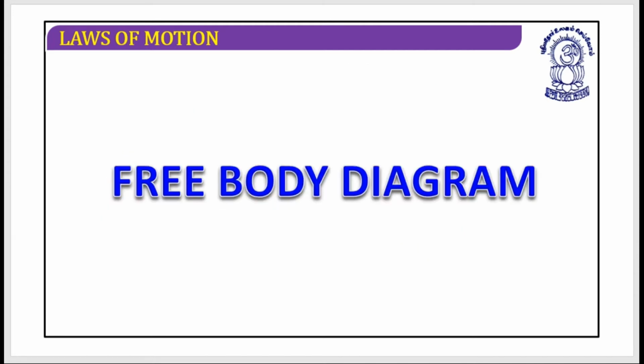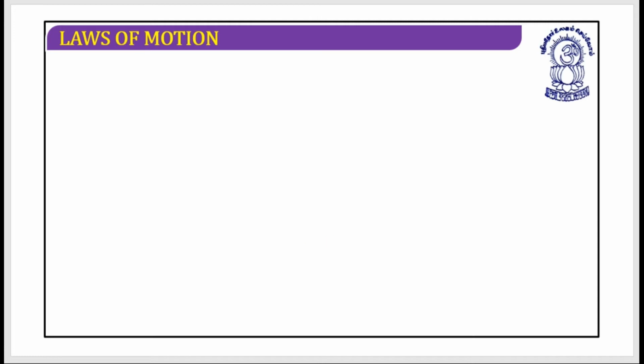Now let's understand the concept of free body diagram. It's an FBD, a free body diagram. What do you understand by the free body diagram? Any idea, any clue? No? Let's go through free body diagram with an example.